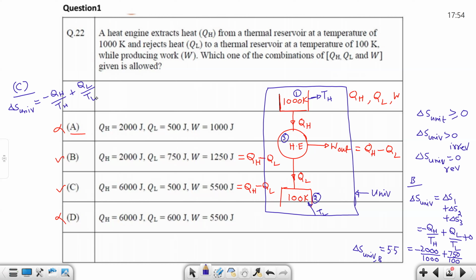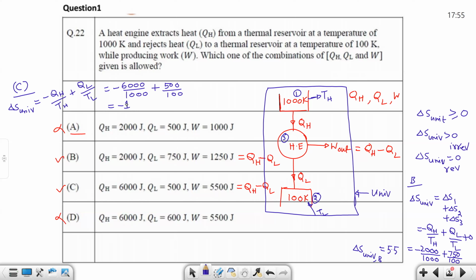Cycle will be 0. Now let us substitute the values. Minus QH, which for C is 6000, by 1000, plus 500 by 100. So this will be minus 1.